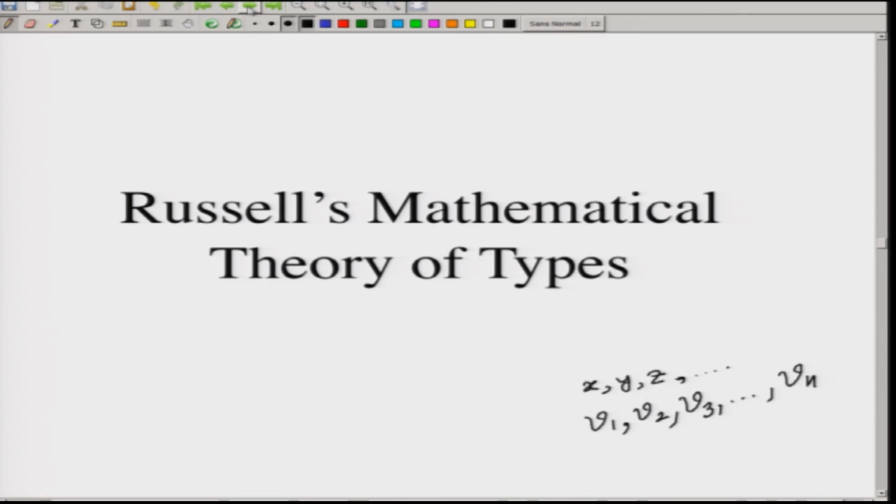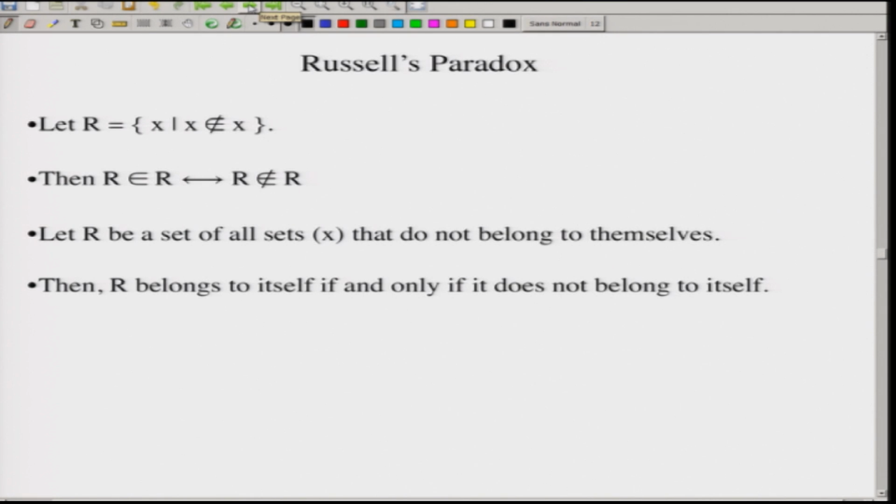So we need to talk about Russell's mathematical theory of types, and then we will go for L type. In a semantics course, it is enough to understand how L type is constructed, but we are talking about Russell's type theory because it is so very important.